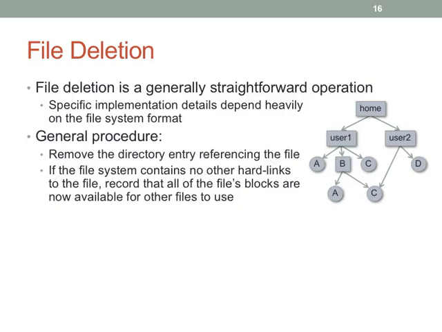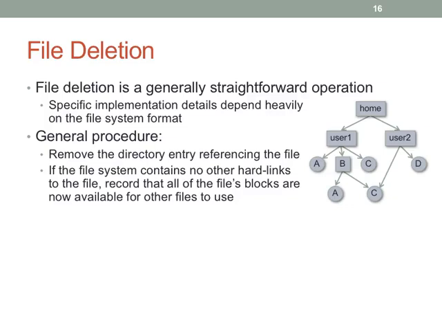Okay, so here's the process. Let's say that we're deleting home/user1/b/a. Well, we have to find the directory entry referencing that data, and we need to get rid of the directory entry. If we've hit 0 links to the file data, then it's time to reclaim the file data as well. So how do we actually reclaim that data?